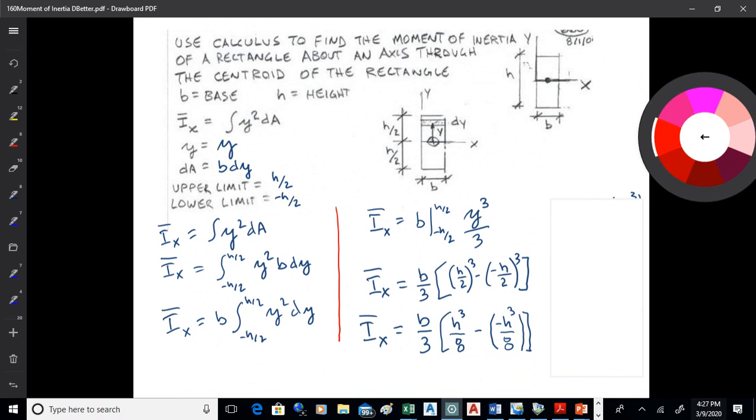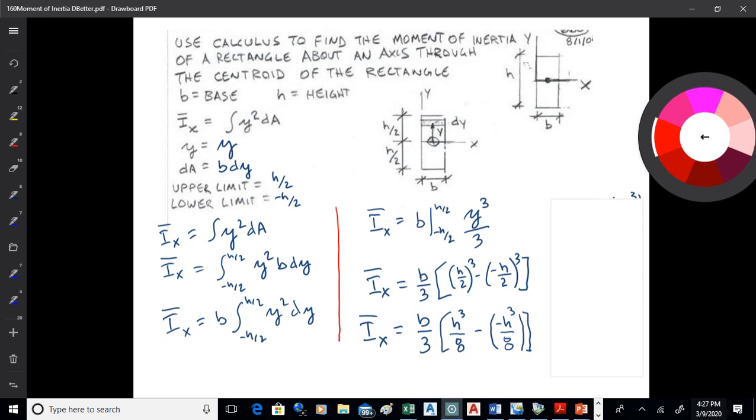Integrating y squared, I get y cubed over 3. The b is on the outside. I'll pull the 3 out too, so I'll get b over 3 times, plugging in h over 2 cubed minus a negative h over 2 cubed. So I'll get b over 3 times h cubed over 8 minus a negative h cubed over 8.